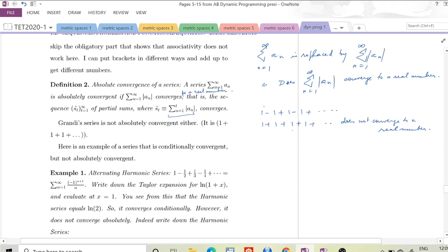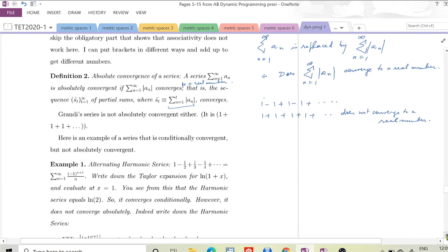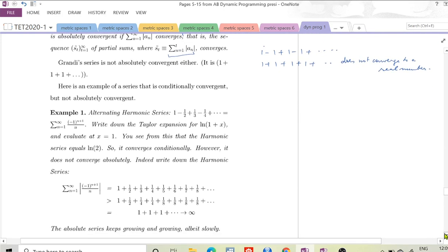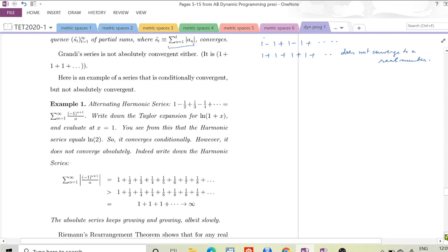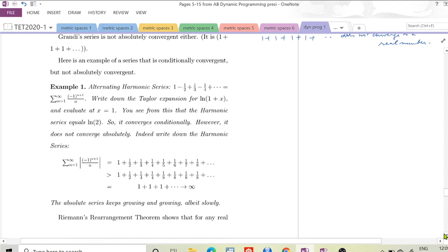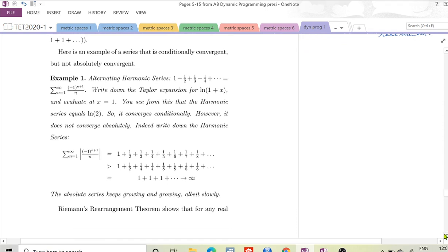All right. So here is one very well-known example of an alternating harmonic series, which I encourage you to look at. It has the following property that Grandi's series does not. If you look at this alternating positive-negative series, it actually converges in the sense that the sequence of partial sums converges.